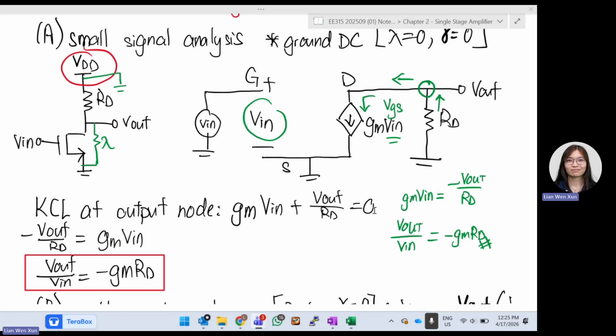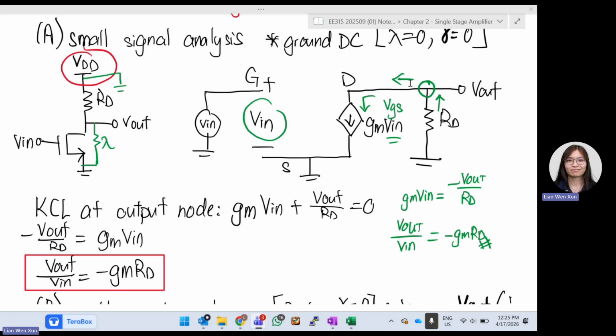Our aim is to find the red color part, V out versus V in. So what we can do, we need to find their relationship. Okay, we can use the output node. We can choose any of the nodes, but we only got one node over here, which is this one. So at this node, we do KCL. The current that goes out is GM V in, right?